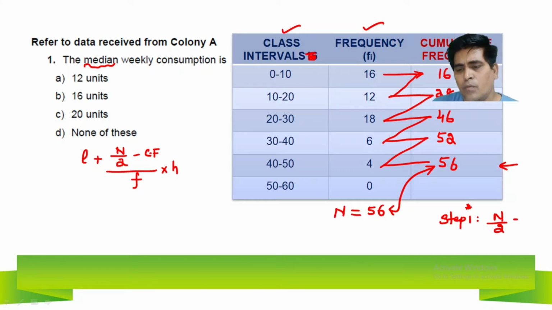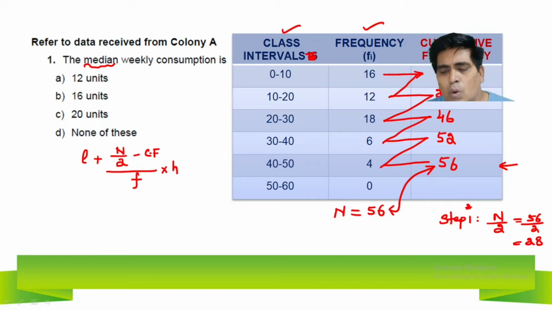So n by 2 is 56 by 2, that is nothing but 28. You have to look in the cumulative frequency for the value nearest to this. Clearly, it is 28, and 28 matches here.